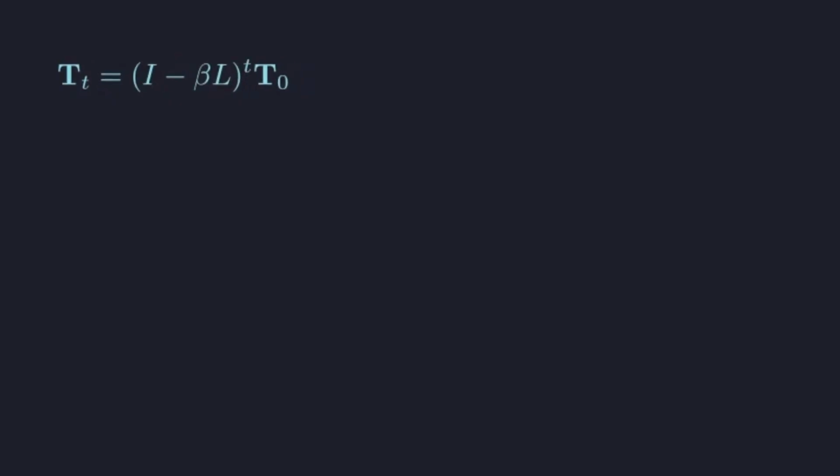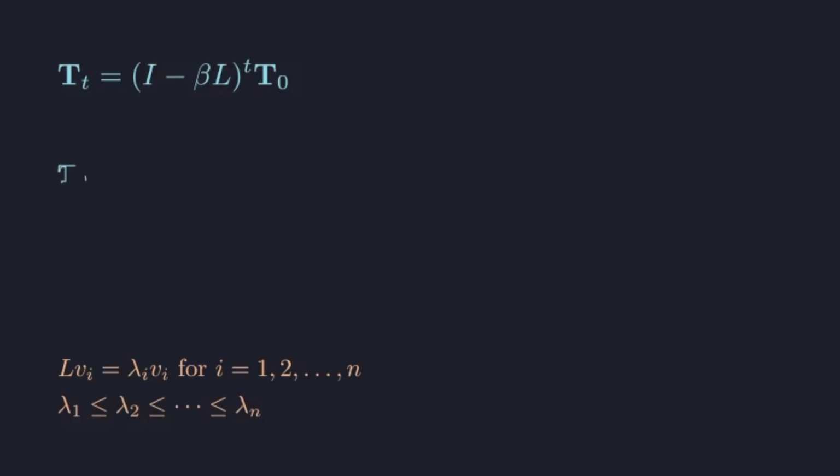This is already some progress, and we now look for temperature distributions T0 that will give rise to nice solutions. The first natural place to look is the eigenvectors of L. So let v_i's be the eigenvectors for L, with lambda_i's being the corresponding eigenvalues. Without loss of generality, we can assume the following ordering on the lambda_i's.